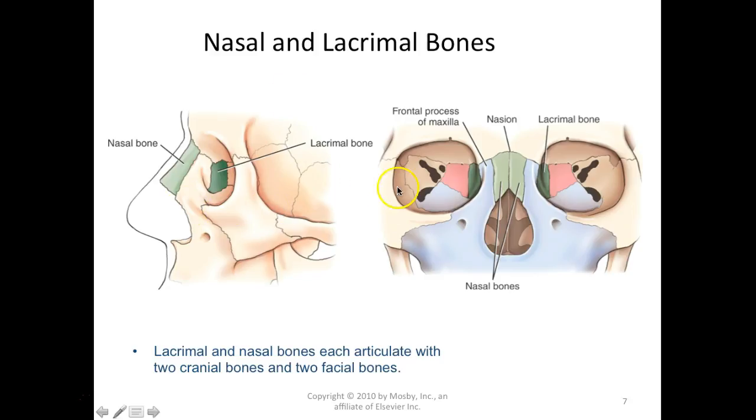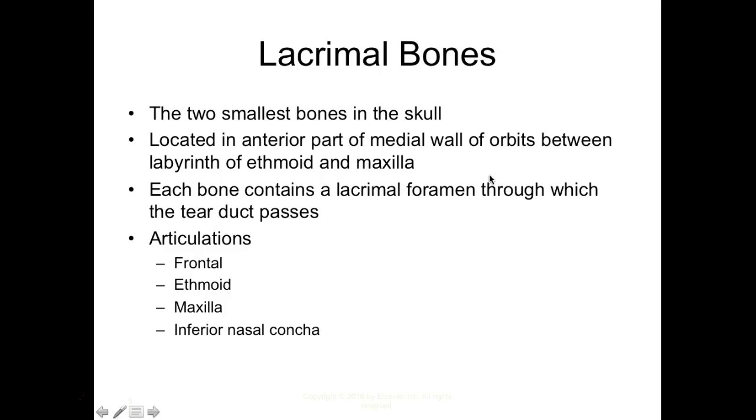Now you can see here we have your nasion, which is right here, your lacrimal bone, your ethmoid bone deep in there. You have your left and your right nasal bone, and this is the frontal process of your maxilla. So I'm going to hold you to it. You're going to have to know that that's your frontal process of your maxilla.